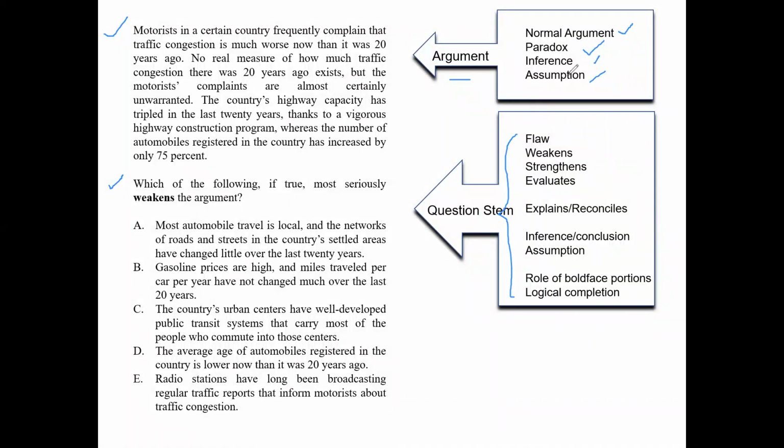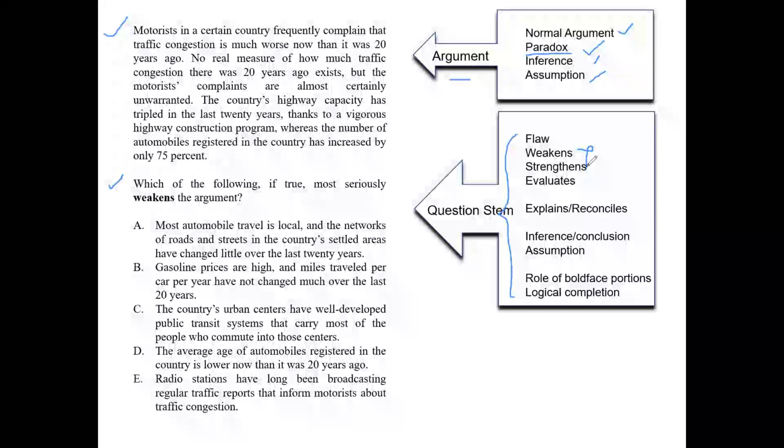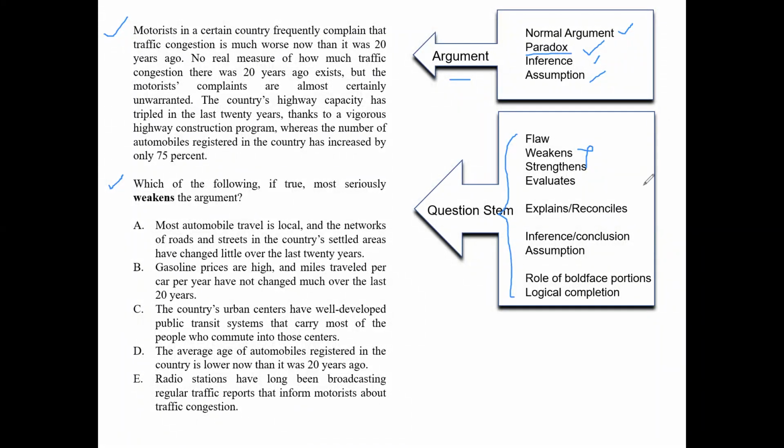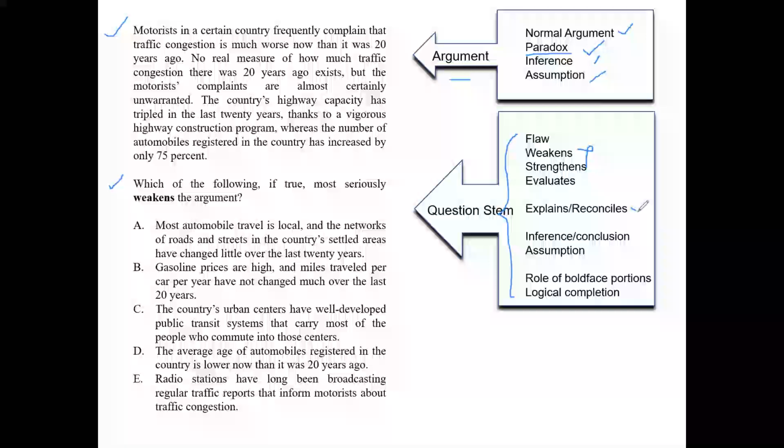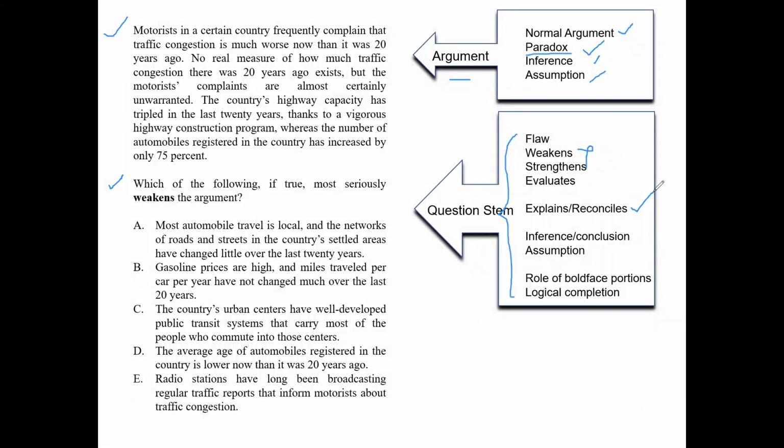And this is very, very important to understand what type of questions you get under a particular type of argument. For example, under a paradox type of argument, you won't get weaken or strengthen type of questions. Under paradox, you get only one question, which is explain the paradox, reconcile the paradox. So, preparing for critical reasoning of GMAT means you need to understand different types of arguments and different types of questions.